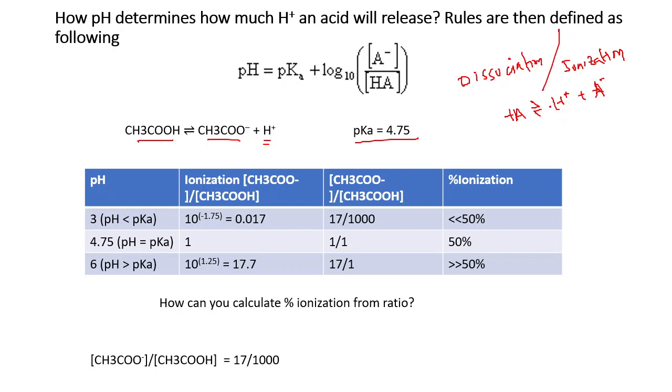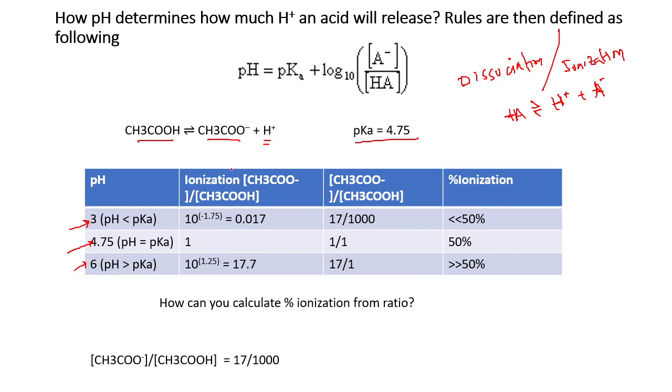This is called dissociation because it dissociates into two forms, and also ionization because it generates ions. So we are measuring, at pH 3, pH 4.75 and pH 6, the degree of dissociation or ionization.